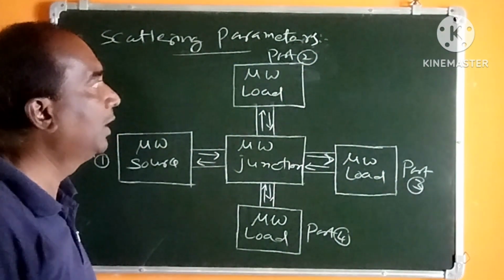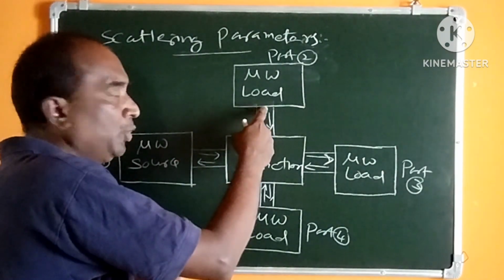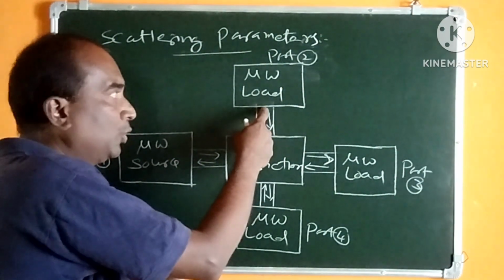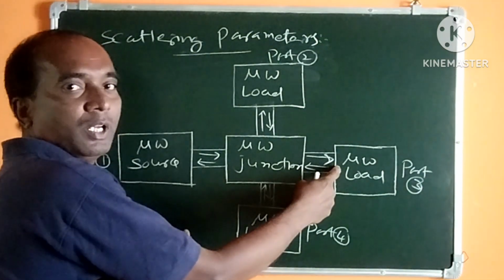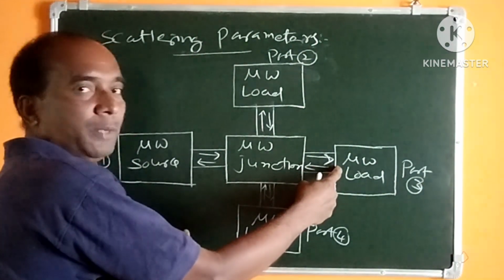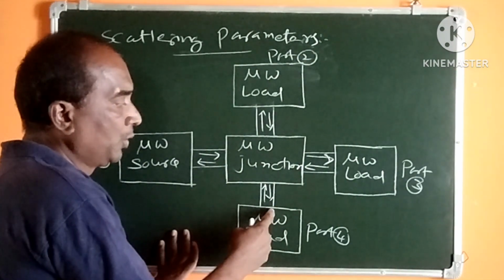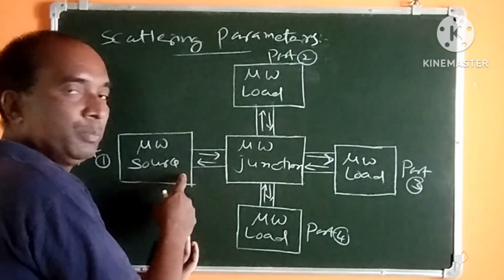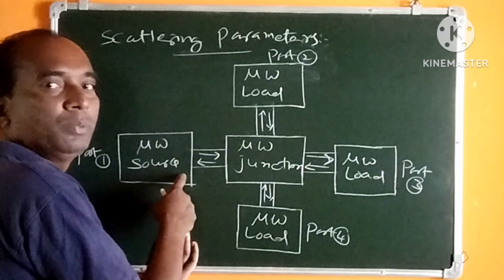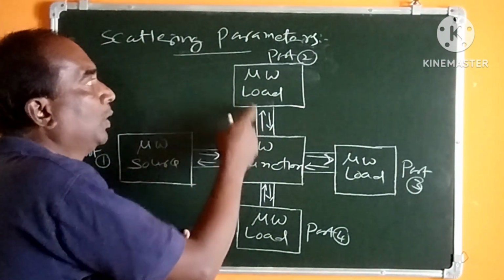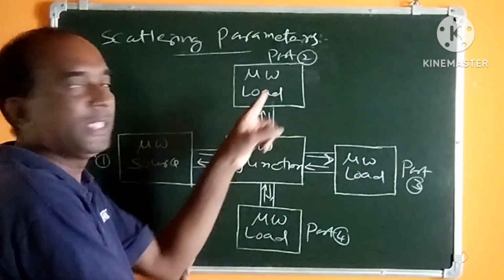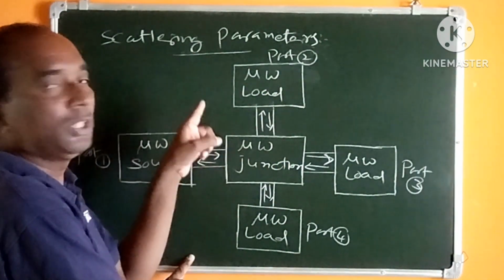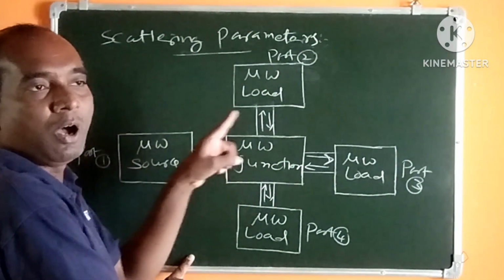In a similar way, if we apply the power at port 2, it may come out through port 3, or port 4, or also through port 2 itself. That means when the power is given through the second port, it may come out through all 4 ports.